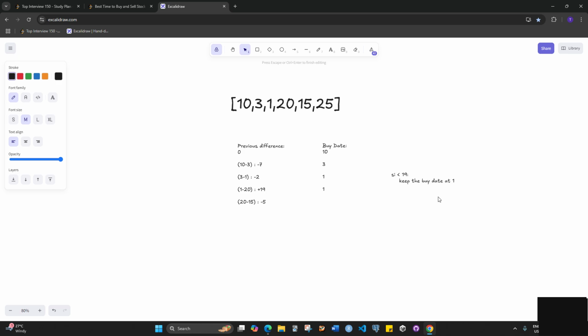We do if the difference is negative and less in magnitude, the difference, we keep the buy date at 1.